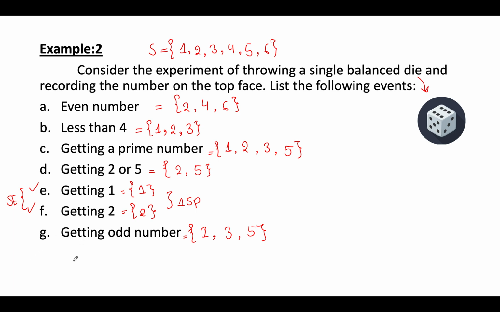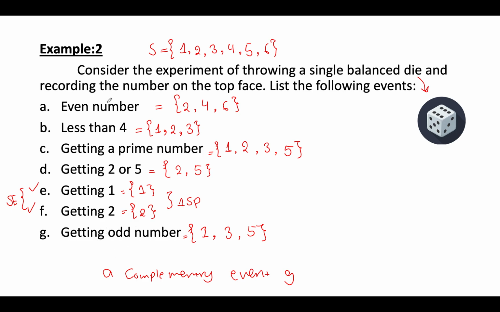If we see, A is a complementary event of G. Why? Because in the occurrence of an odd number it is impossible to have an even number. So the occurrence of one event cannot be in the other event.